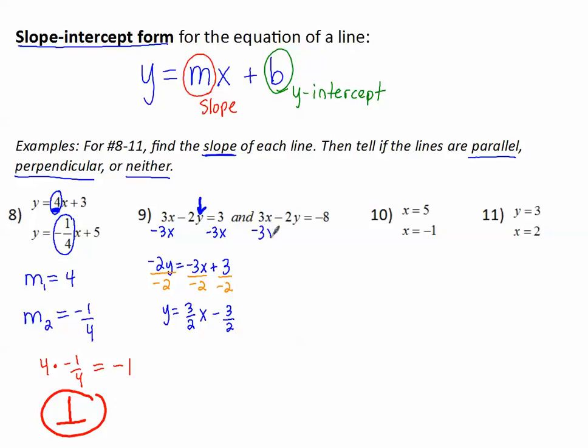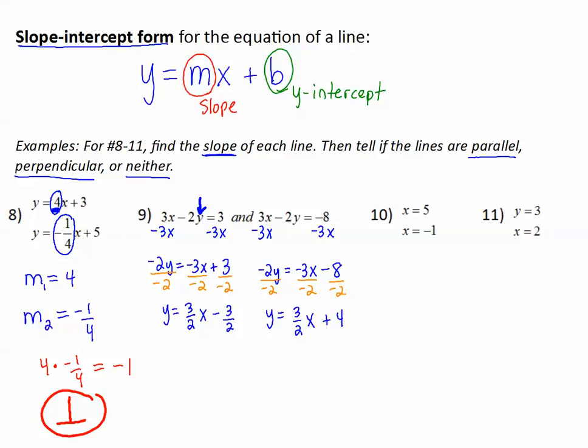First, subtract 3x. Now I have negative 2y equals negative 3x minus 8. I can divide by negative 2, and that gives me y equals 3 halves x plus 4.